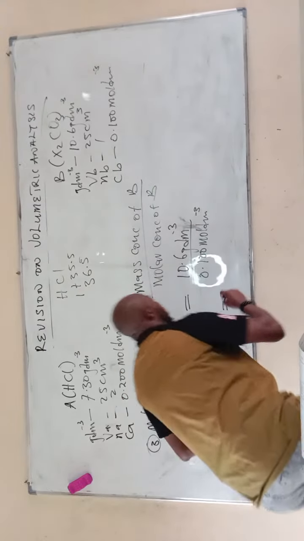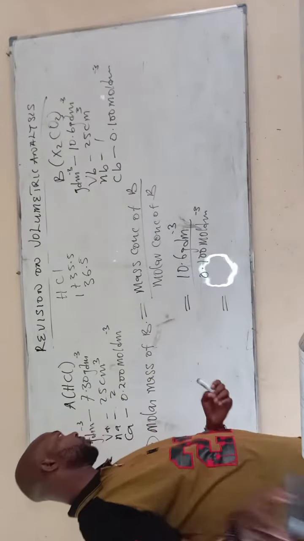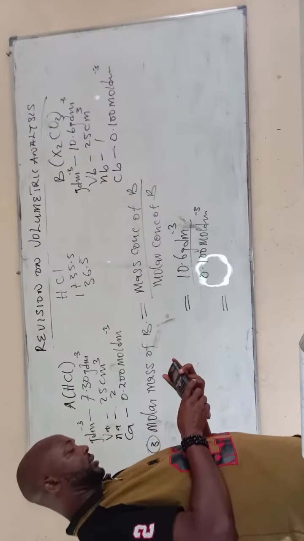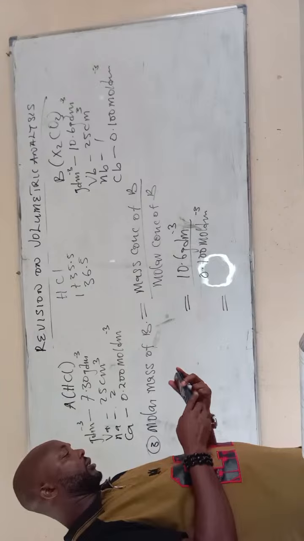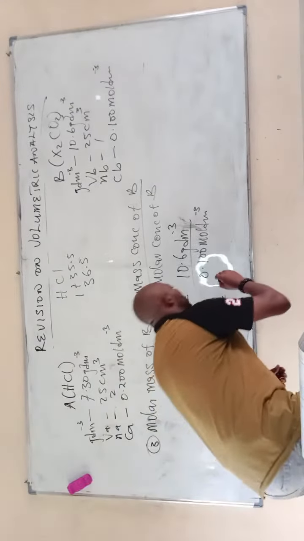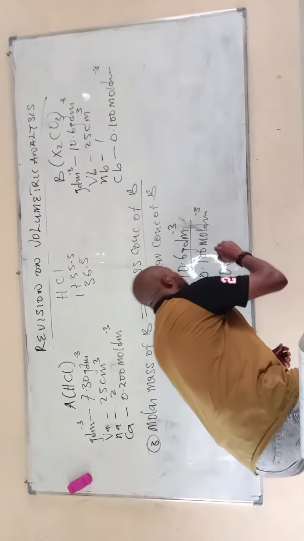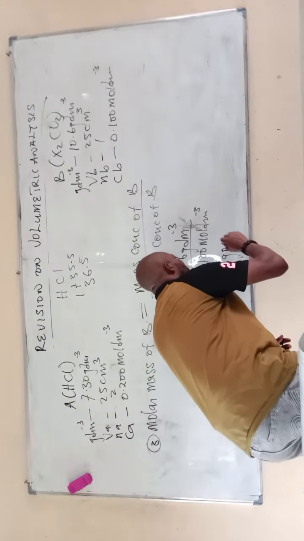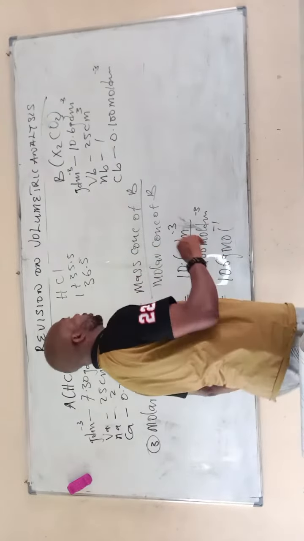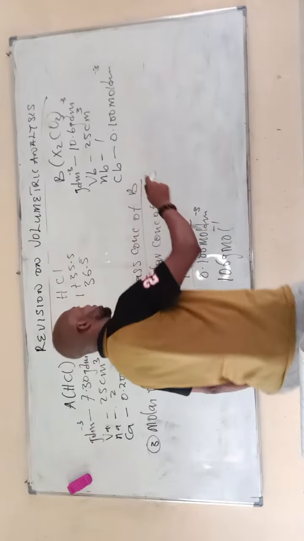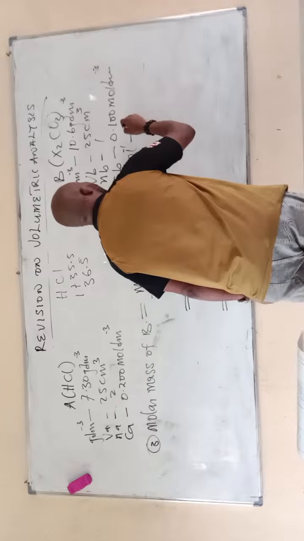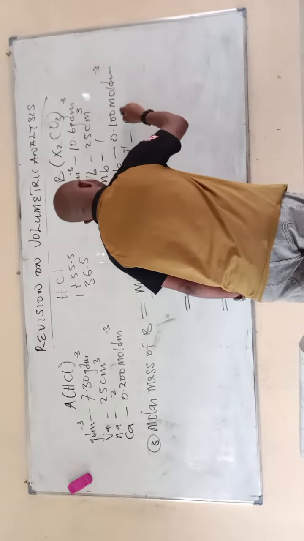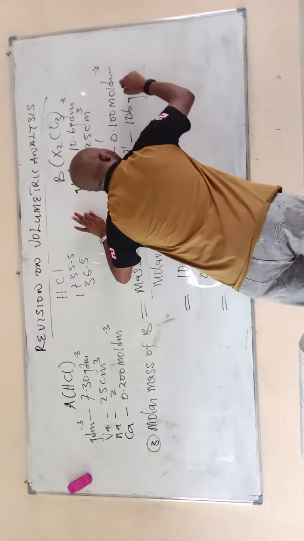And this is equals to 10.6 divided by 0.1 is 106. 106 g/mol. So here I have 106 g/mol, which is the relative molecular mass of B.